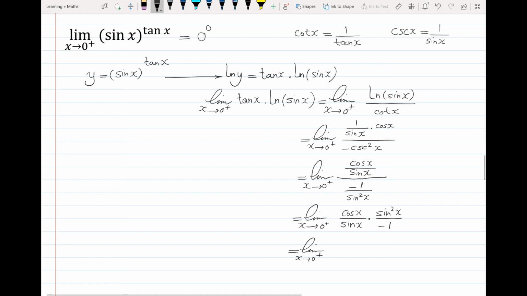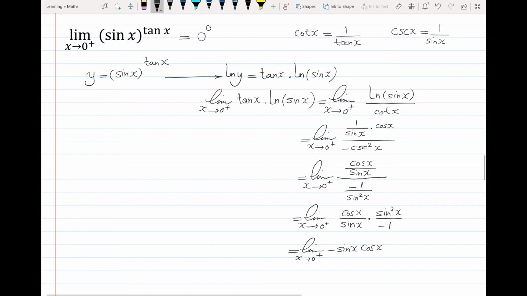In the numerator we have sine of x times cosine of x, with a negative sign, and in the denominator, everything simplifies.